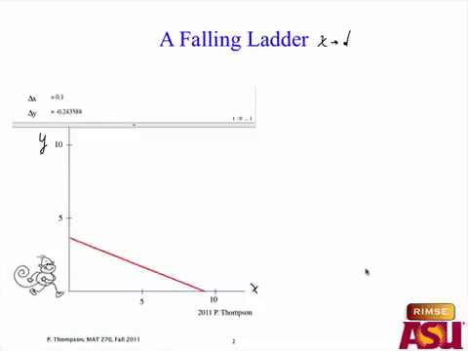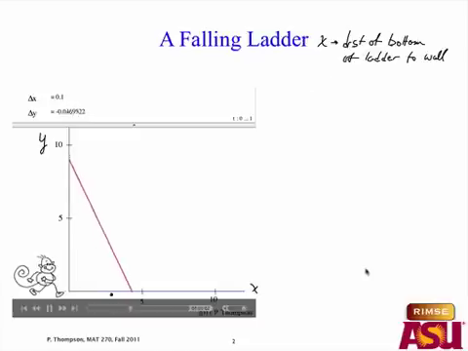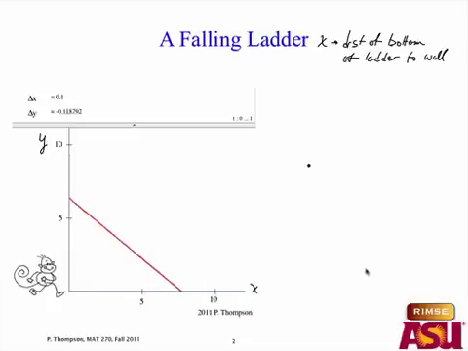Yeah, distance of the bottom of the ladder from the wall. Is that a changing quantity or a constant quantity? Changing, right? So it's moving out to the right here. What does that quantity do, just in general? It increases from 0 to 10 in this context.